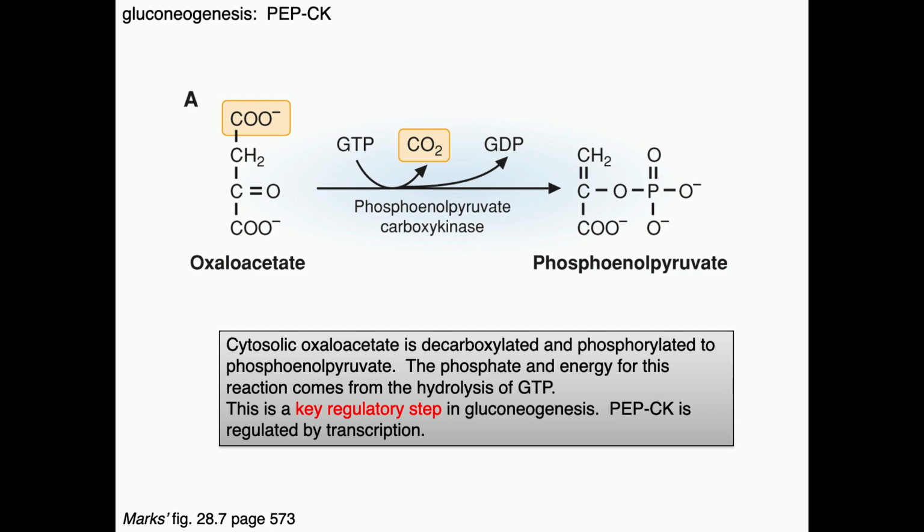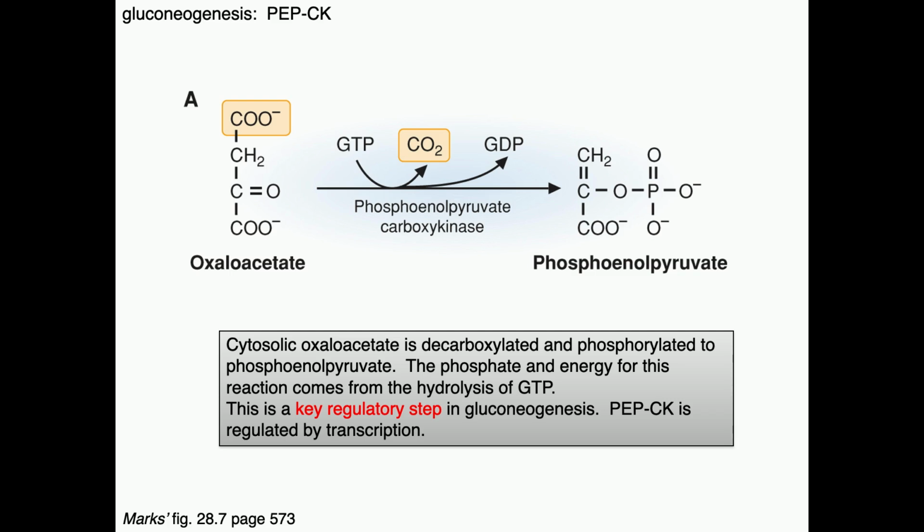is regulated. As far as the enzymatic activity, in some respects, it's the reverse of the pyruvate carboxylase reaction in that we're removing one of the carbons as carbon dioxide. So we have a 4-carbon oxaloacetate, and we are left with the 3-carbon phosphoenolpyruvate.